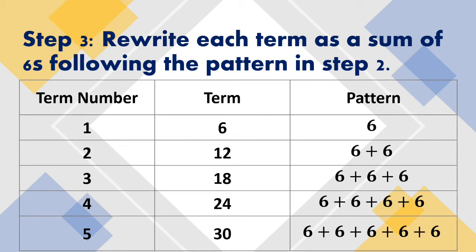The third term is 18, so the pattern is 6 plus 6 plus 6. The fourth term is 24: 6 plus 6 plus 6 plus 6. And the fifth term is 30: 6 plus 6 plus 6 plus 6 plus 6.